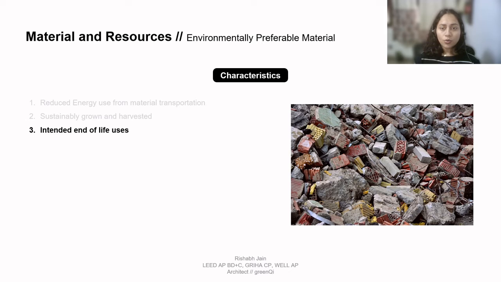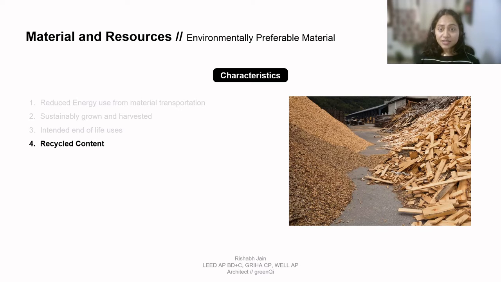That's how you know that the product is an environmentally preferable material, and it has recycled content. Even when it's a new product that you're using, it has recycled content. For example, in concrete, there is possible recycled content of fly ash or GGBS.